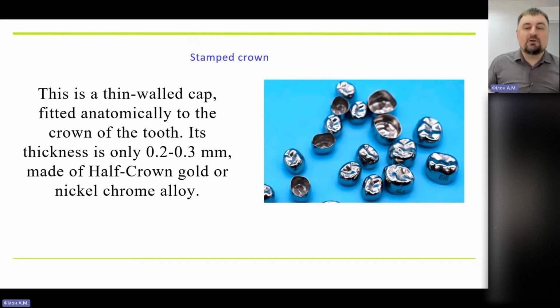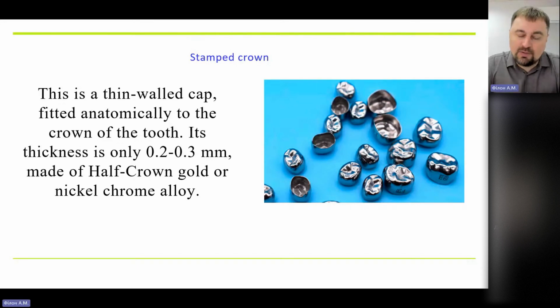Why? Because that kind of prosthetics is not very good. It is not natural. It is not biological, and later people usually lose their teeth because of poorly made crowns, like stamped crowns.